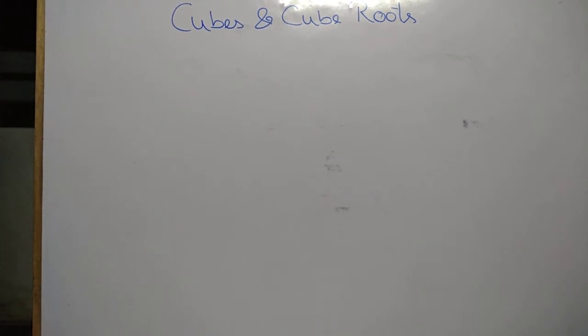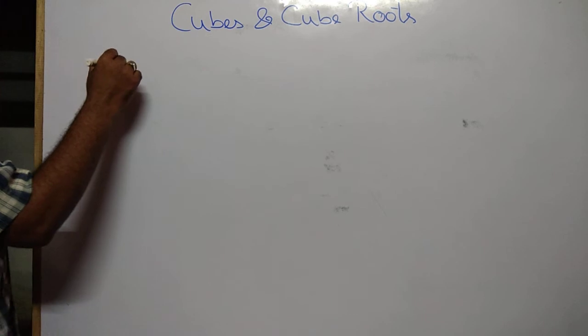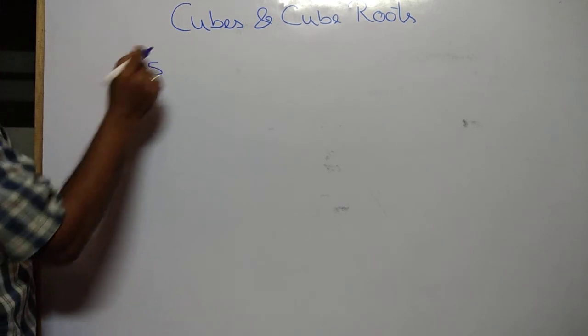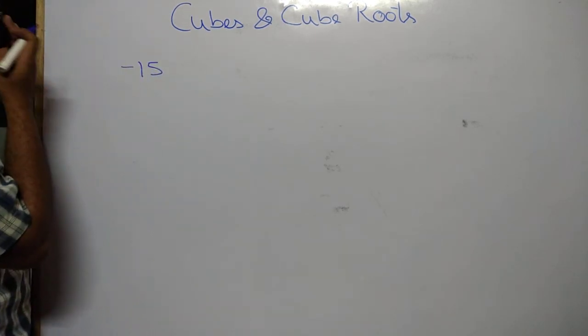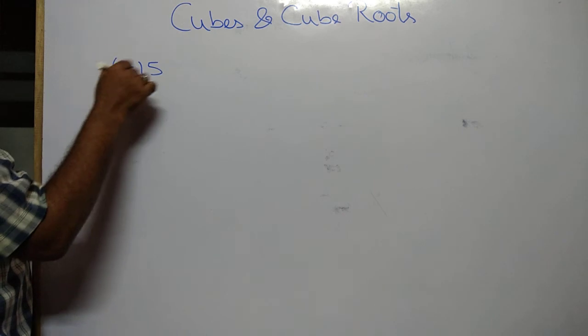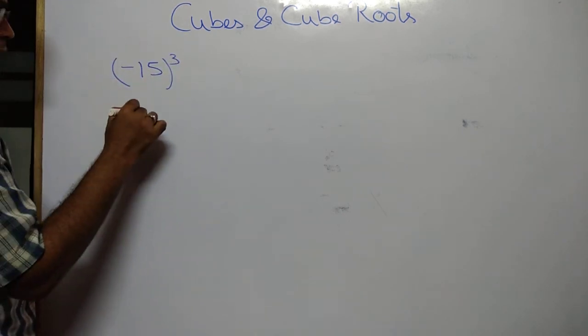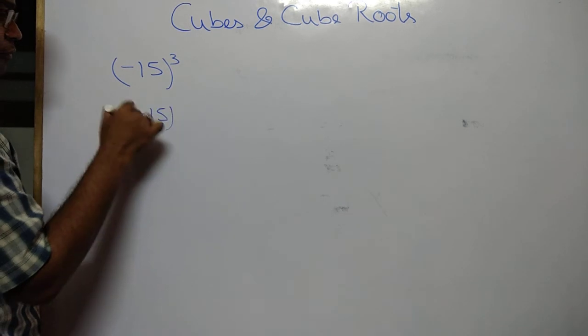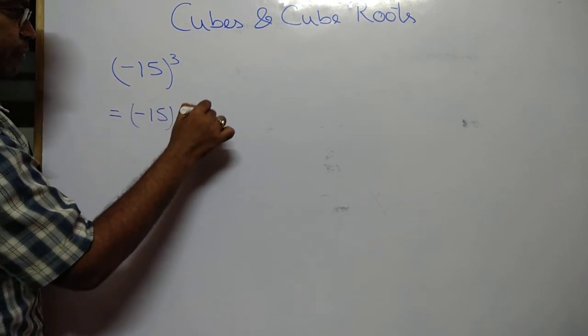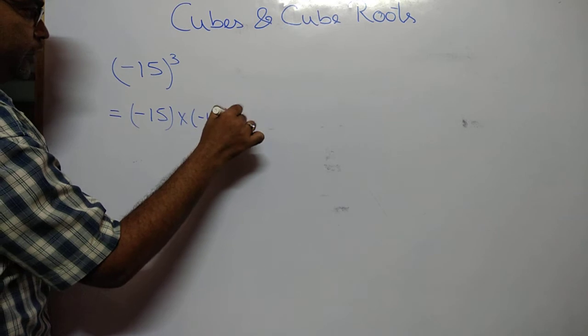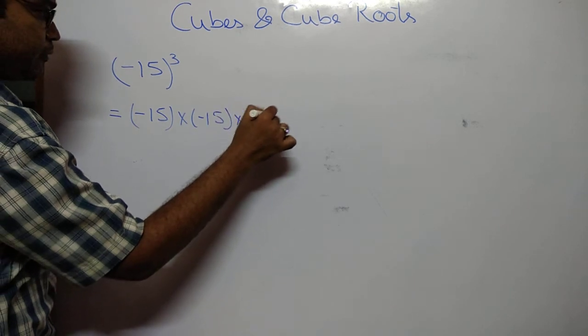This question says find the cubes of the following. The number is minus 15, and we are going to find out the cube of it. Cube means we have to use a bracket and power 3, and then we write down minus 15 into minus 15 into minus 15.